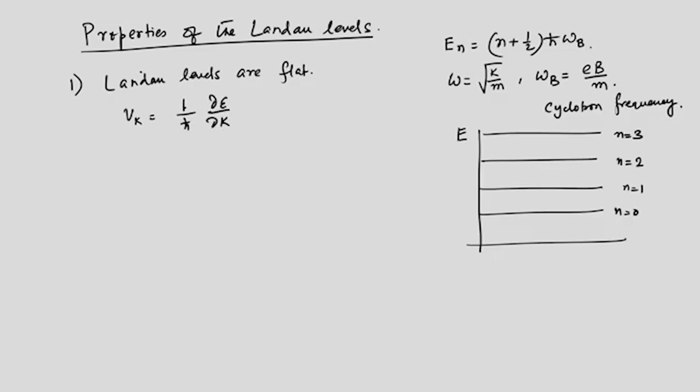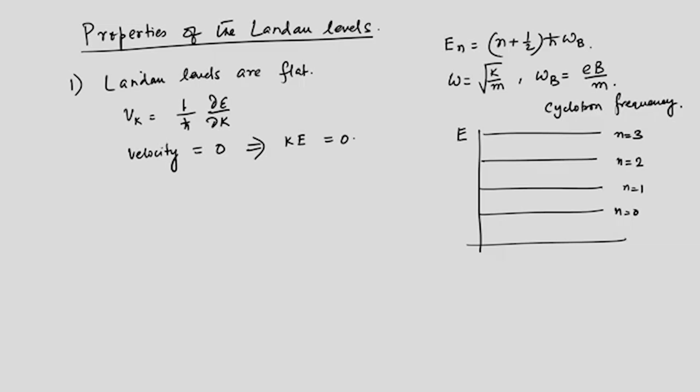Now these are completely flat, so the velocities are 0. Velocity of the electrons is 0, and that means the kinetic energy of the electrons is 0. So they have no kinetic energy, and the only energy that remains is the potential energy.